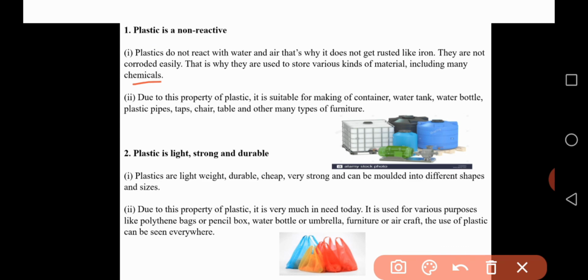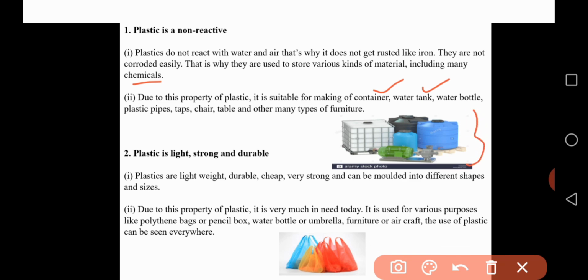Because of this property, being non-reactive with water and air, we use plastics in storing various kinds of materials, including many other chemicals. Due to this property, we use plastics in making containers, plastic containers, and water tanks.